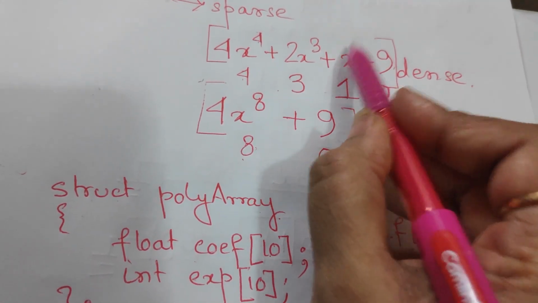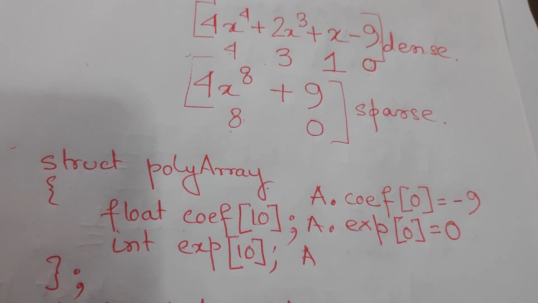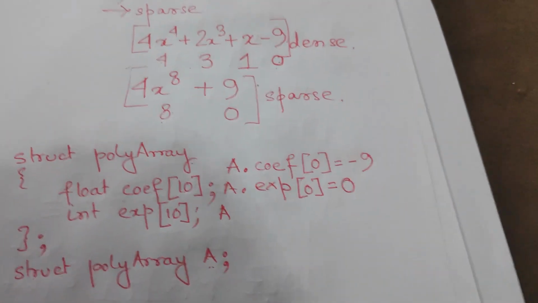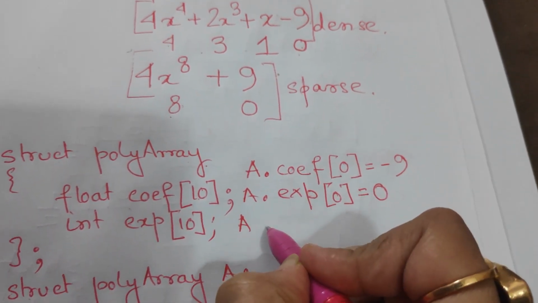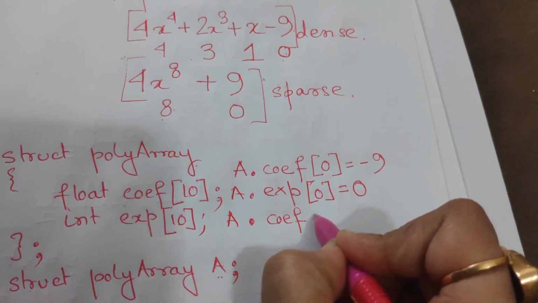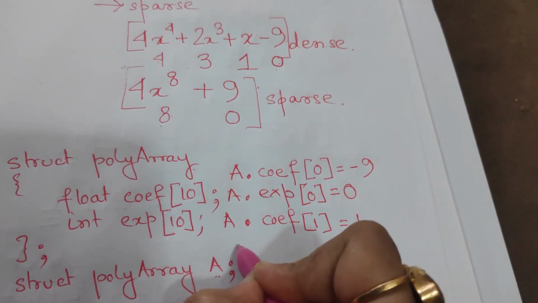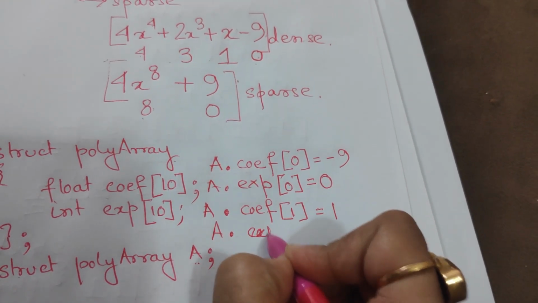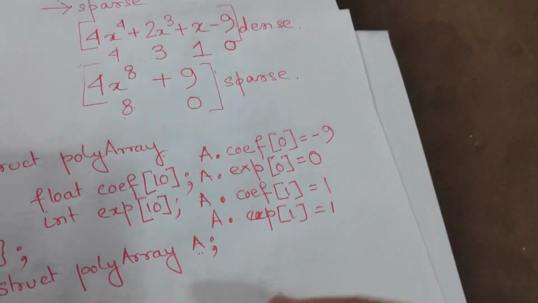Now when we represent the second term, it will be represented as a dot coef 1 equal to 1, and a dot exp 1, which is equal to 1, right?